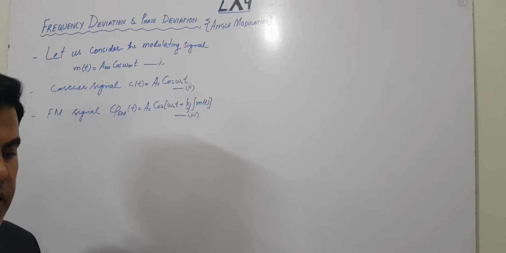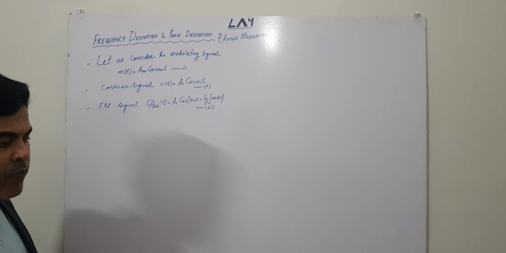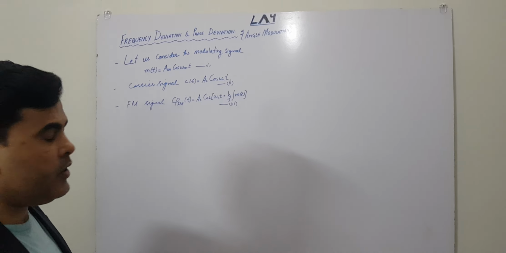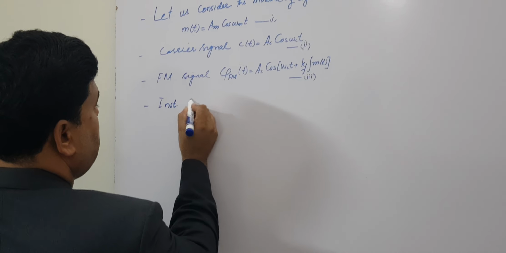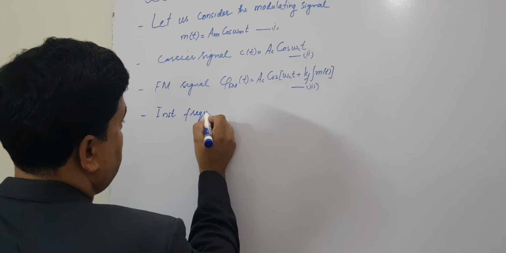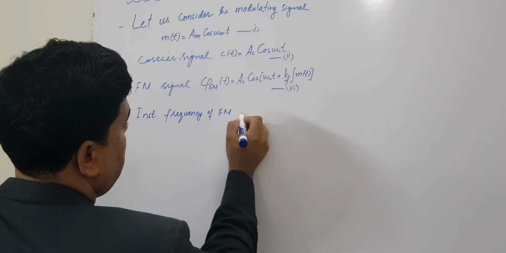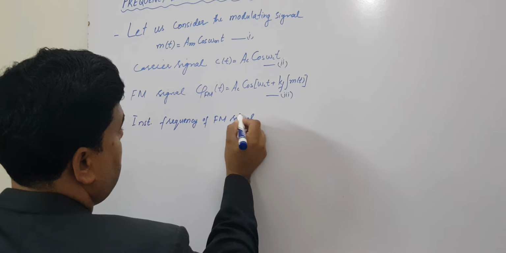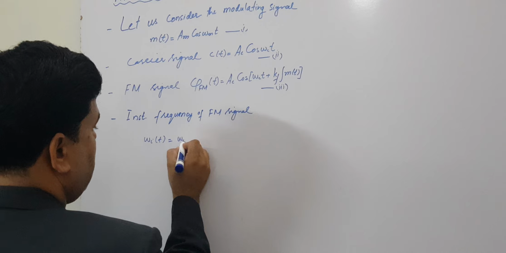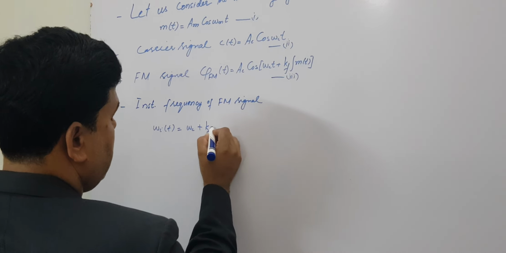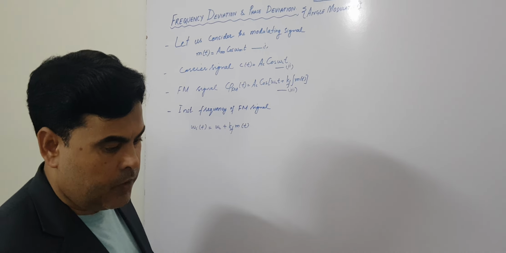We are considering the frequency deviation. In order to calculate the frequency deviation, we first need to write the instantaneous frequency of the FM signal. So that is the instantaneous frequency of the FM signal.